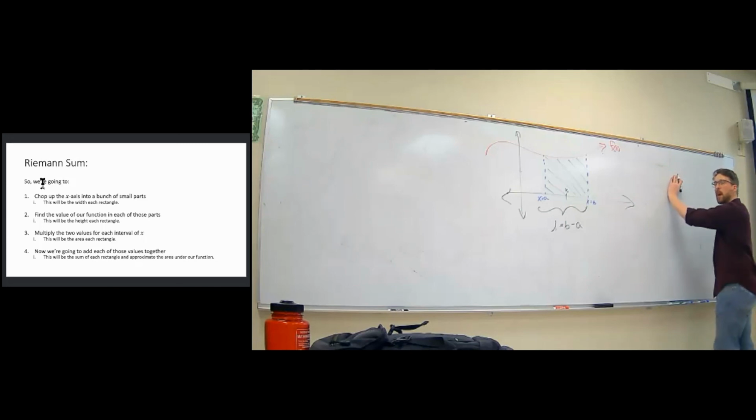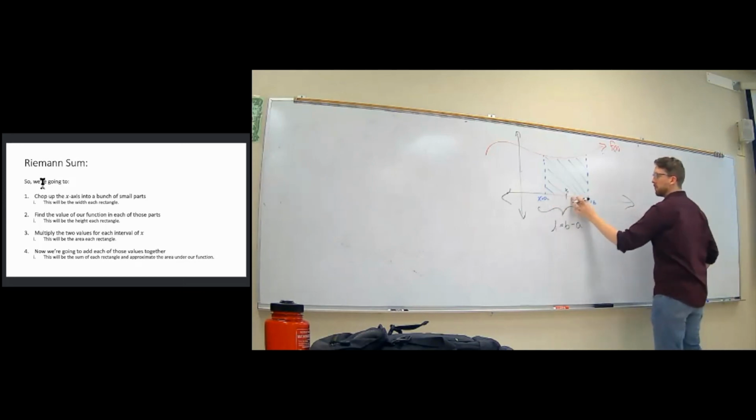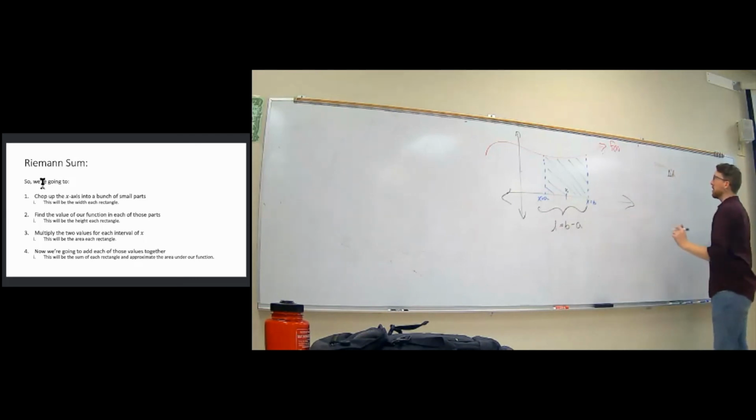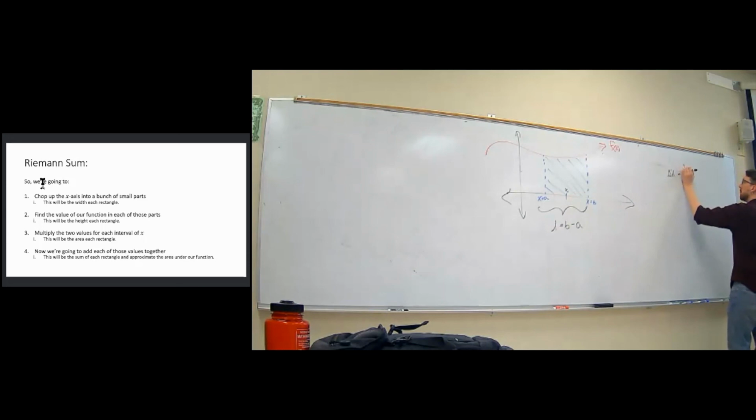How are we going to represent that? We're going to say, first, what's the distance of each of these two intervals? Well, that's going to be B minus A divided by 2, because we broke it up into 2 sub-intervals.